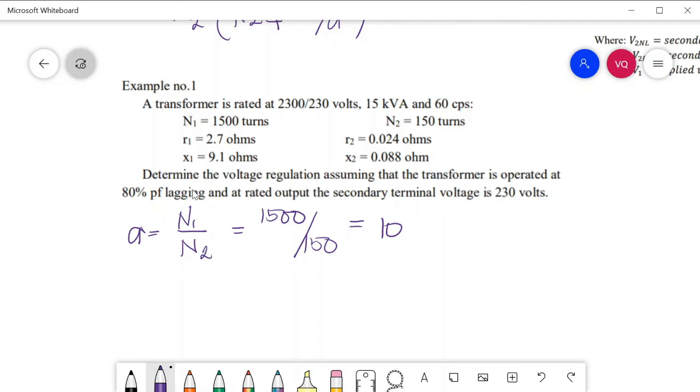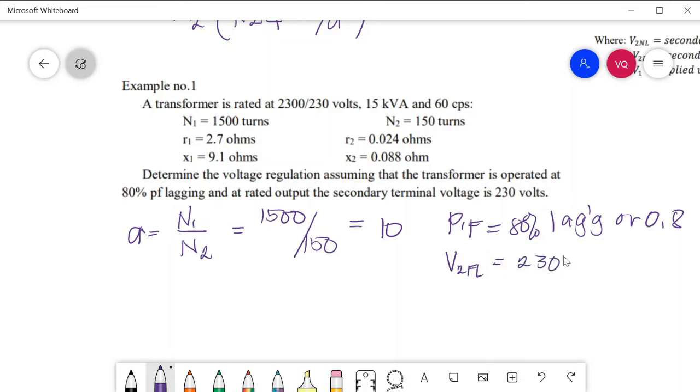We have a power factor equal to 80% lagging, or 0.8 lagging. Our rated output V2FL is equal to 230 volts. Primary voltage is 2,300 and our apparent power is 15 kVA.